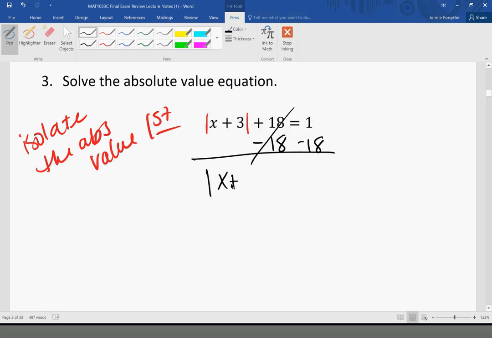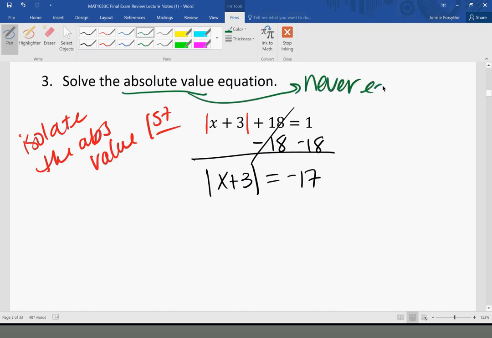So I'm going to have the absolute value of x plus 3 equals 1 minus 18 is negative 17. Now when you are doing absolute value, remember the definition of absolute value is that it's the distance from that number to 0. And remember, distance is always positive. You can never have a negative distance. So the absolute value of something can never be negative.